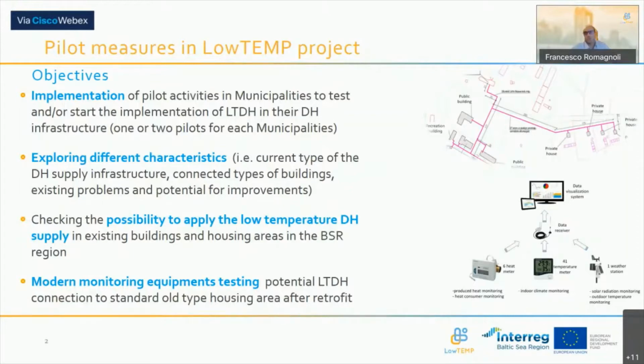This was essential to make it possible to apply, in already existing building contexts, the initial background to move towards a maybe larger low-temperature district heating supply in the Baltic Sea region. As a last point, the activity also aimed to present the efficiency and effectiveness of newly installed monitoring systems as a precondition for the transformation to low-temperature district heating.